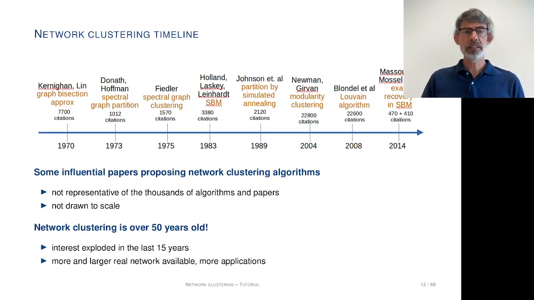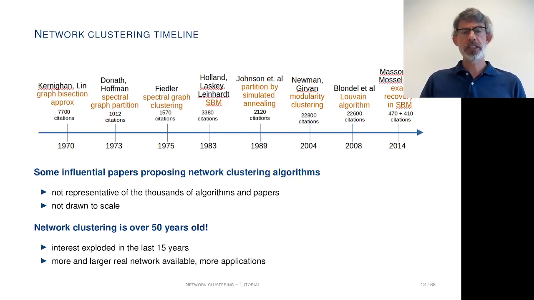Here is a network clustering timeline with a few selected papers published over the last 50 years. The first paper in our timeline is Kernighan and Lin, published in 1970, which proposes an algorithm to approximate the graph bisection problem.